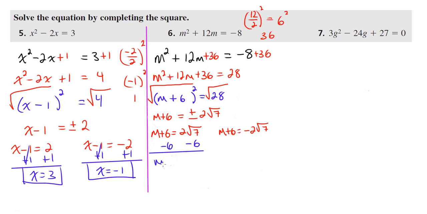And this gives us m equals negative 6 plus 2 radical 7. In the second equation, we subtract 6 from both sides. And this gives us the equation m equals negative 6 minus 2 radical 7. So those are our two solutions.